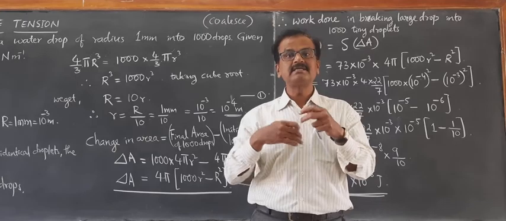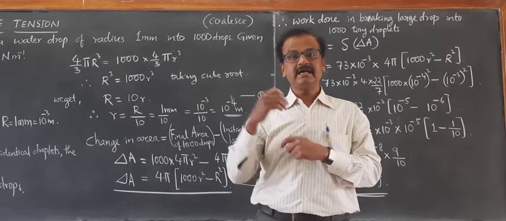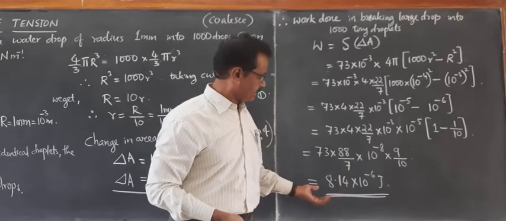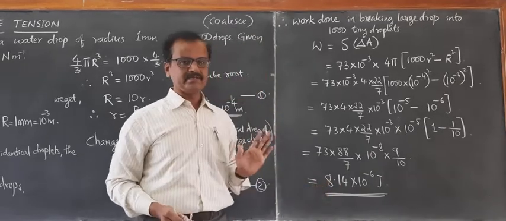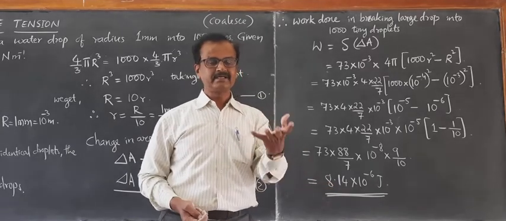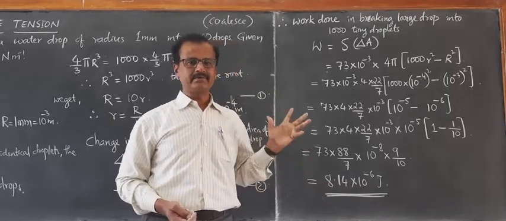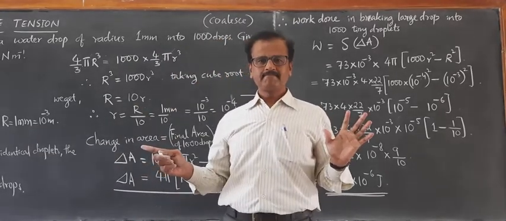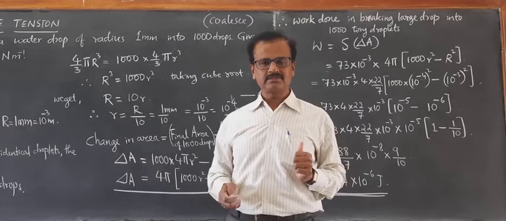How much is the energy released? In that situation the same answer will be there, but the energy evolved will be negative. I think you can calculate that. I think you will be able to do this.